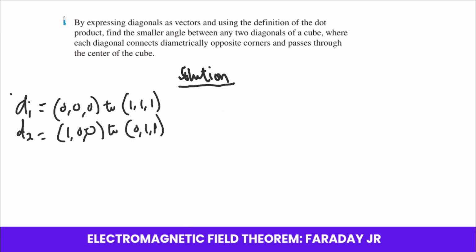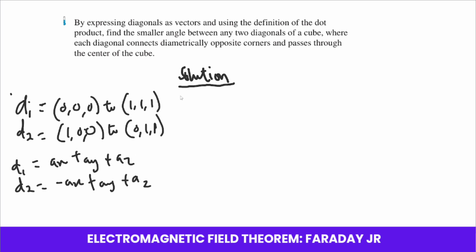So this is telling us that our D1 in its vector form can be 1 minus 0, which is AX, plus 1 minus 0, AY, plus AZ. D2 is also 0 minus 1, negative AX plus AY plus AZ. Now since we've gotten our D1 and D2, we should find the smaller angle between any two diagonals.